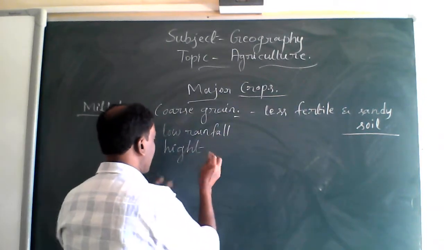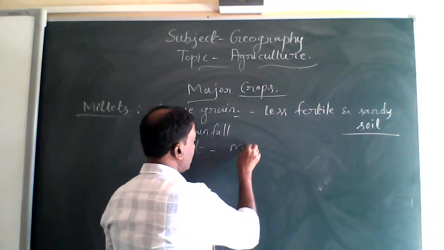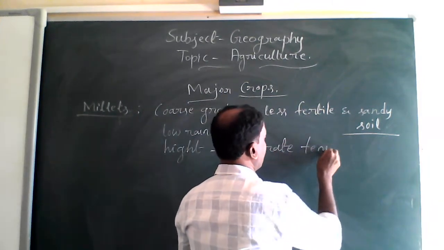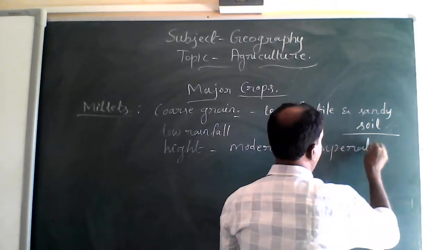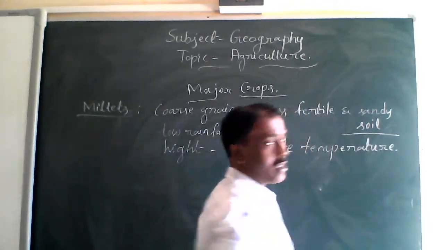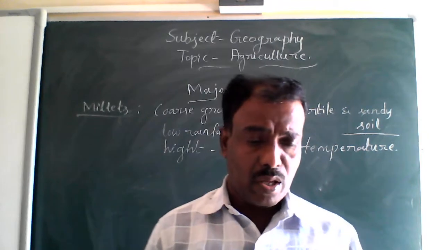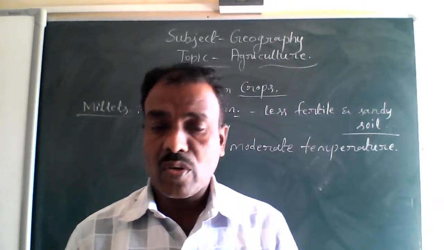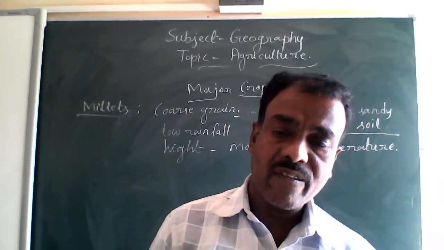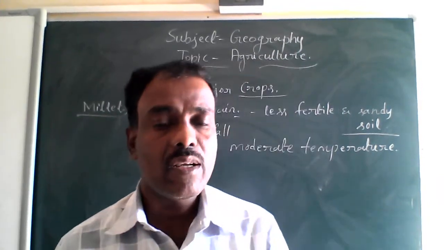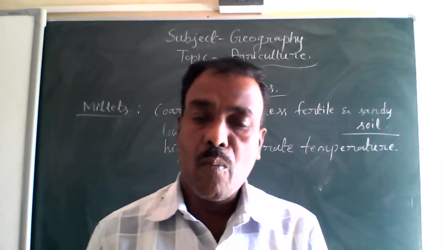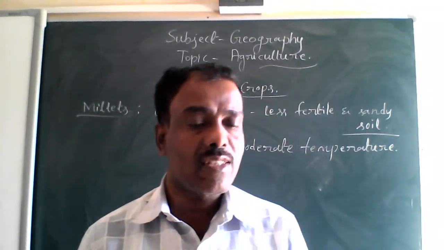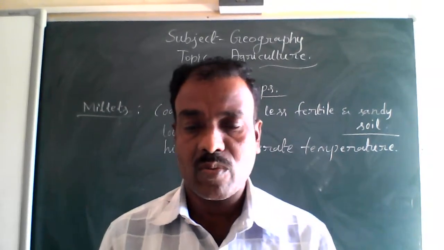High temperature is also okay, or moderate temperature also okay. Understood now. So, with low or adequate rainfall and high to moderate temperature, it can be grown on less fertile and sandy soil also.